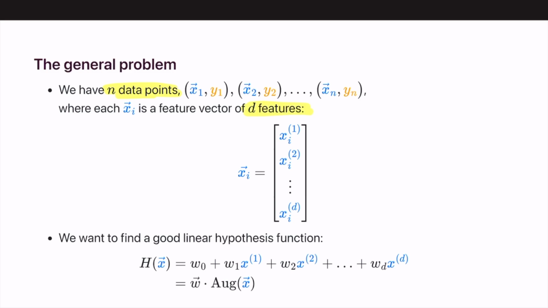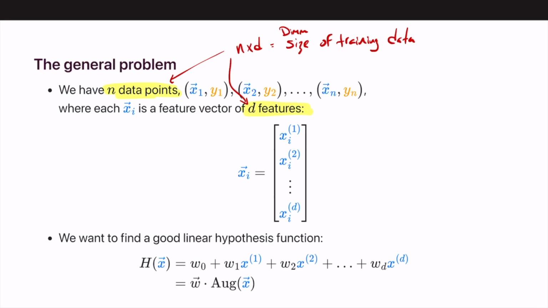N data points is really just the size of our training data, or maybe dimensions might be better, because that encapsulates the number of observations or training examples we have, and the number of features that we have.